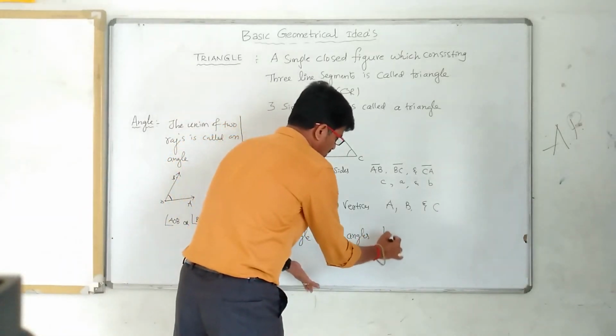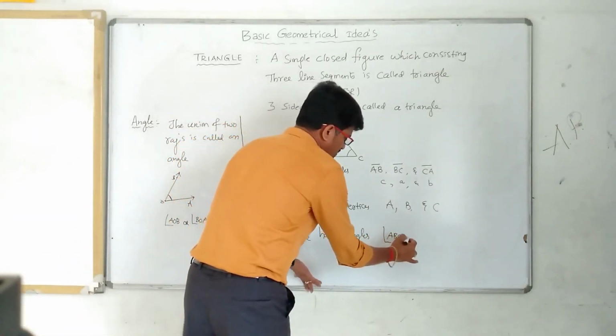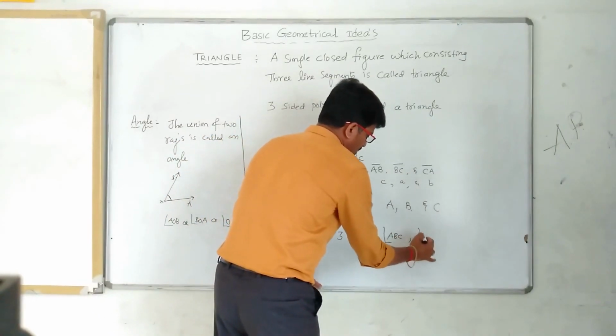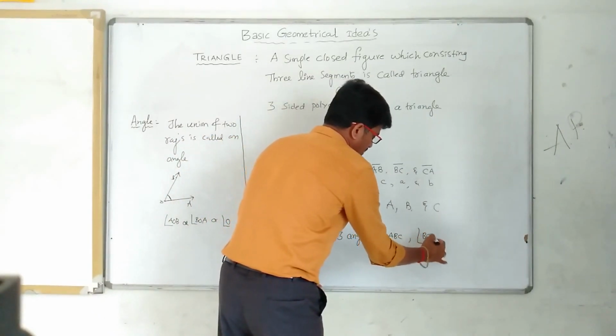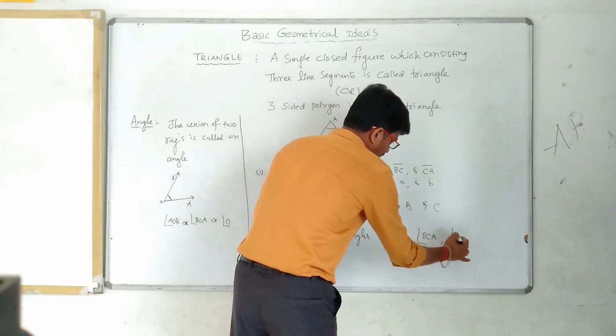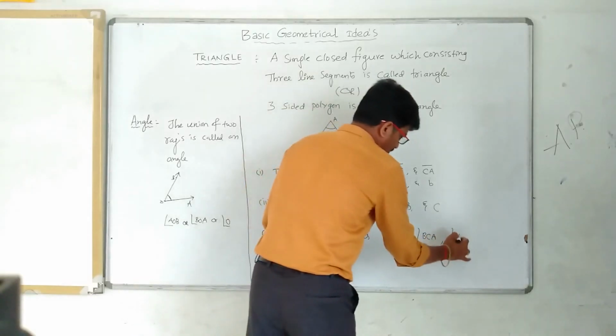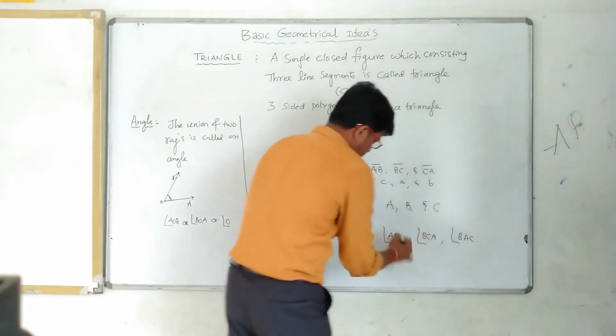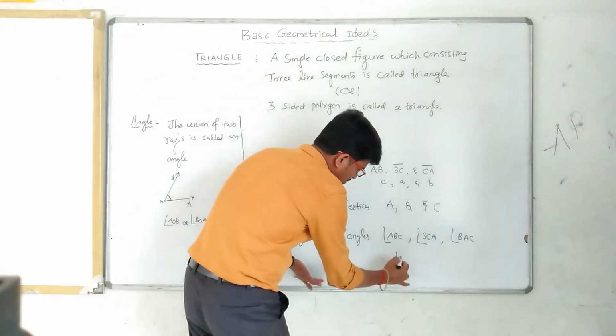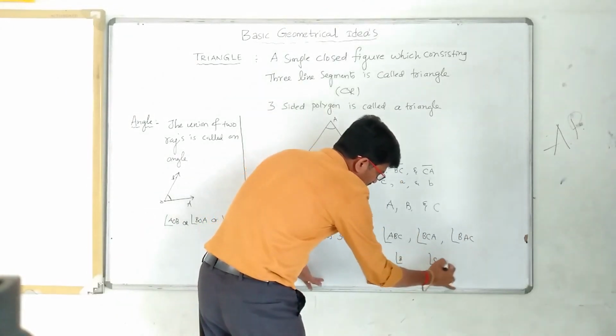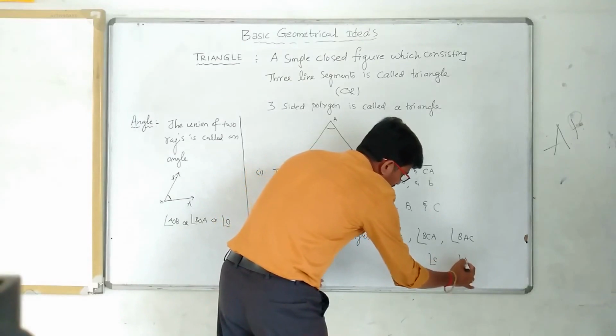That is angle ABC, angle BCA, angle BAC. The small case of this is angle B, this is angle C, and this is angle A.